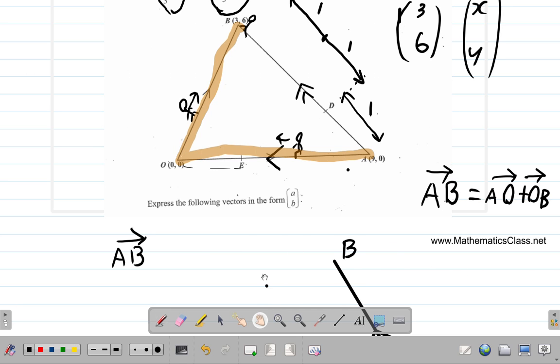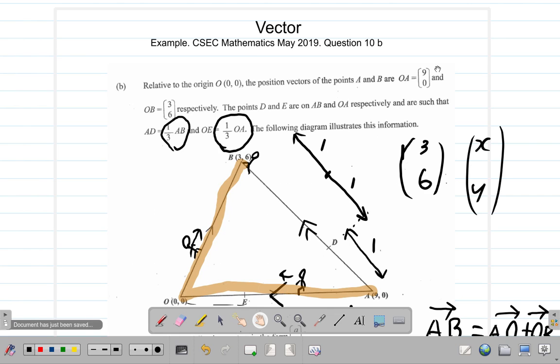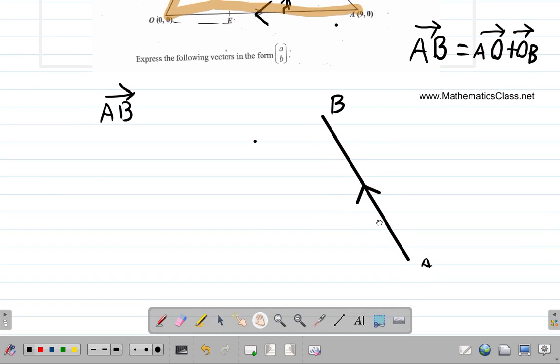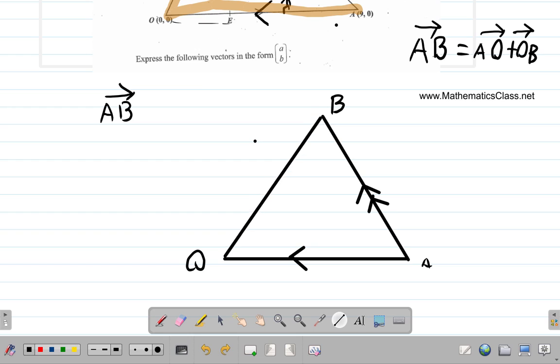OA, as you saw here, is (9, 0). So AO must be the negative of that. Remember, this is the resultant, so I have two arrows here. It's AO from A to O plus O to B. See that?